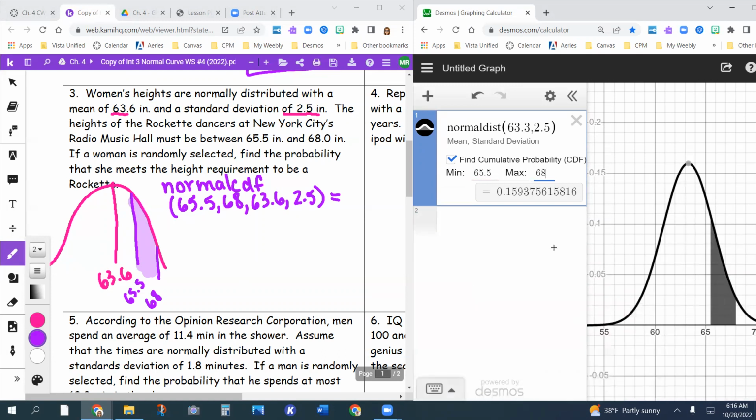Okay, so I can see that picture, and that's going to be 0.159, so 0.16. So about 16% as a percent, but 0.16 is what I would round it to, the nearest hundredth.